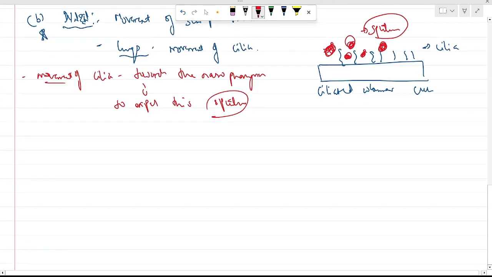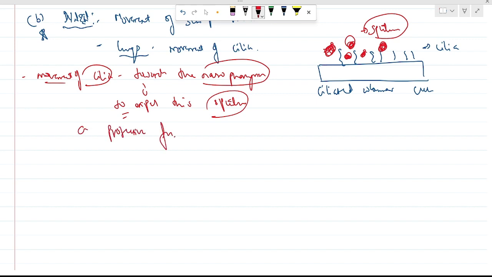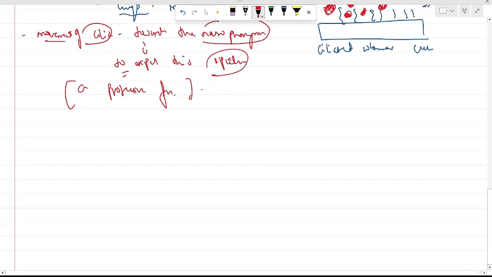The movement of this cilia is important because it is towards the nasopharynx, which is to expel this sputum. It's a protective function. This movement of cilia is a protective function.